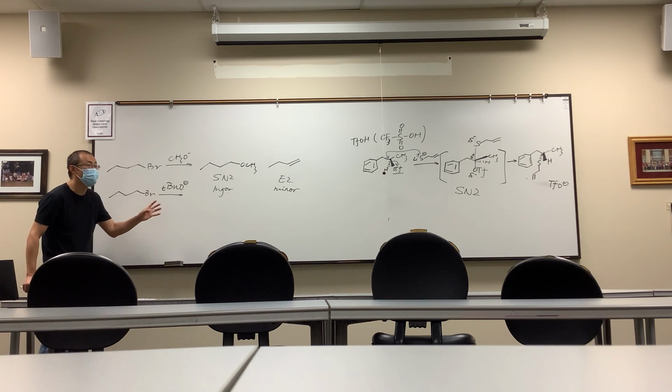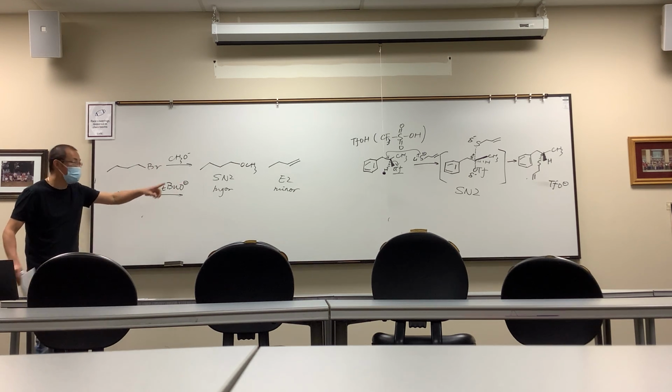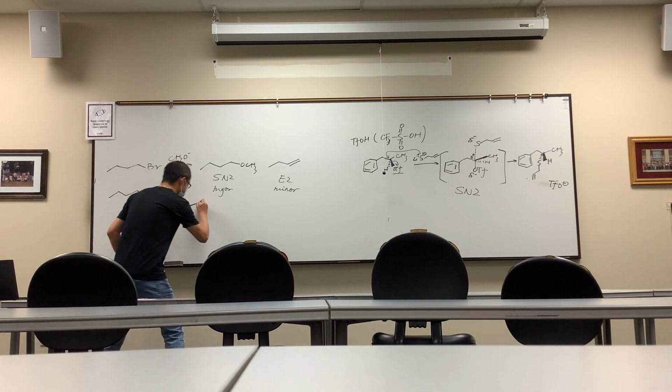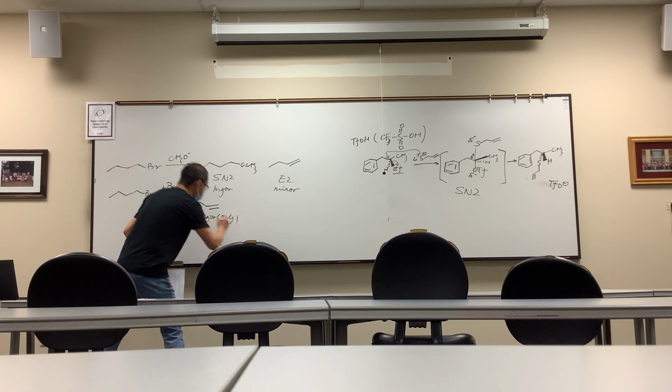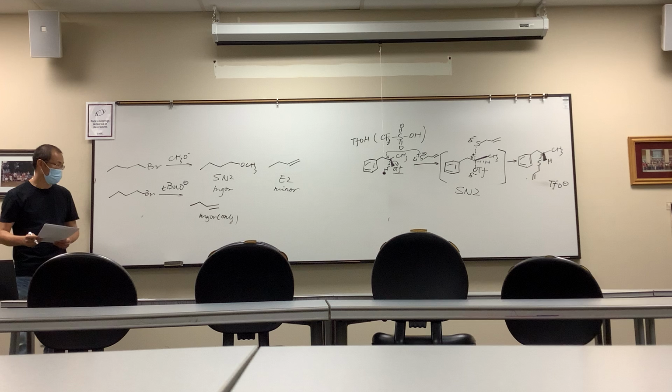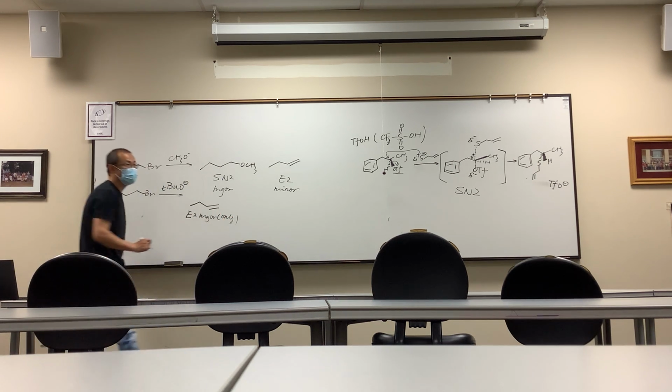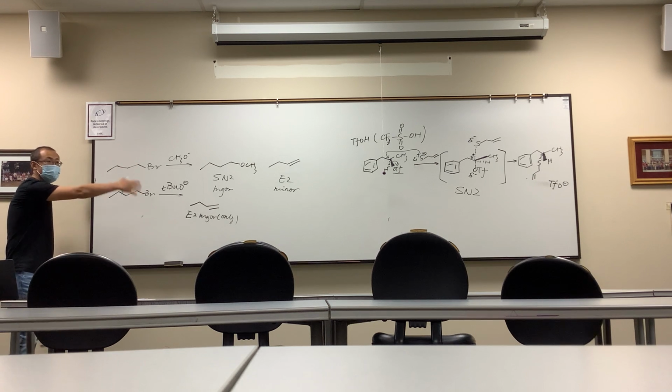If it's a poor nucleophile, substitution doesn't happen. There's no SN2. If no SN2, what happens? E2. So this is the only product, E2. See, guys, this reaction shows you what?